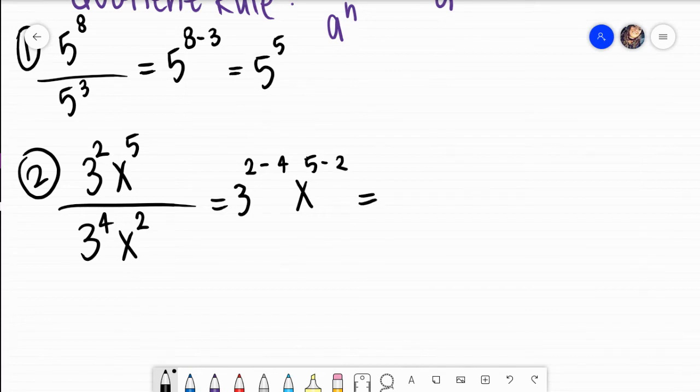Now, if you look at the 3 raised to the 2 minus 4 power, I'm subtracting there, so I get 3. 2 minus 4, signs are different, so you subtract, keep the sign of the larger. I get 3 to the negative 2. And then for my x, keep the base and subtract, I would get x cubed.